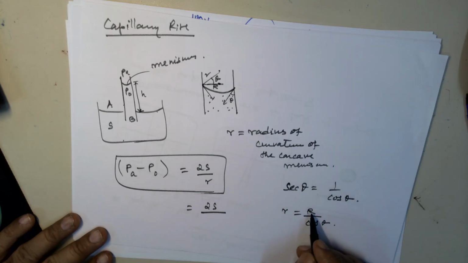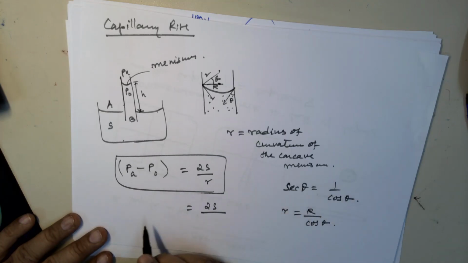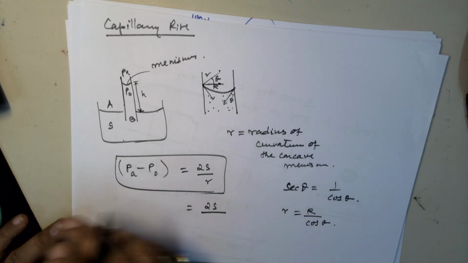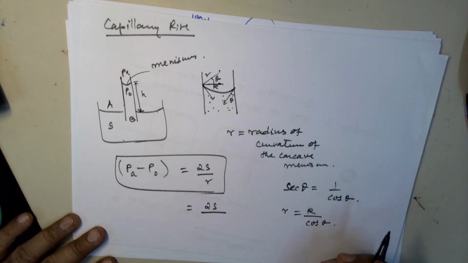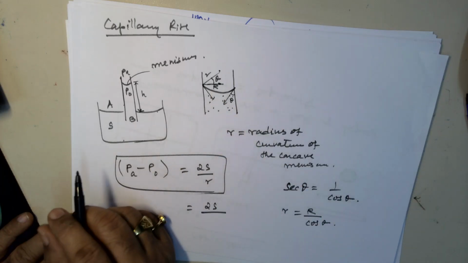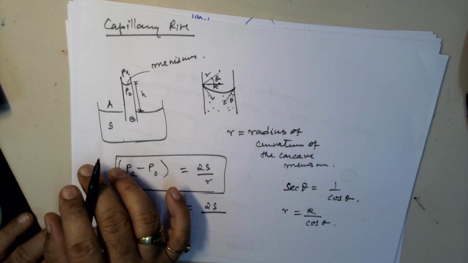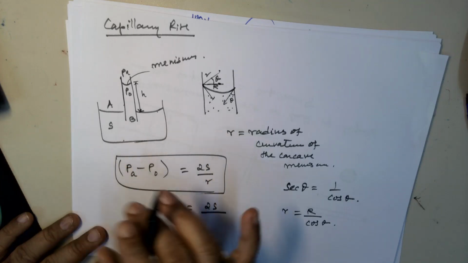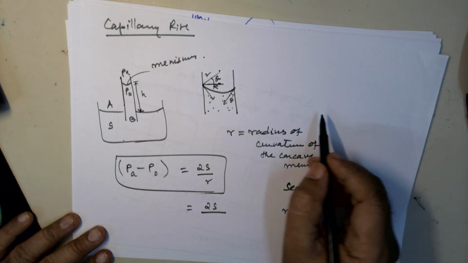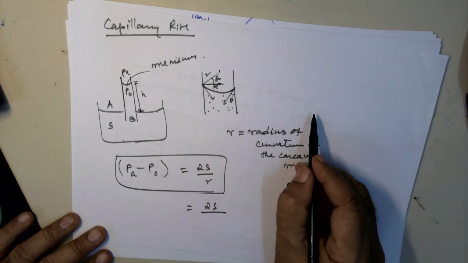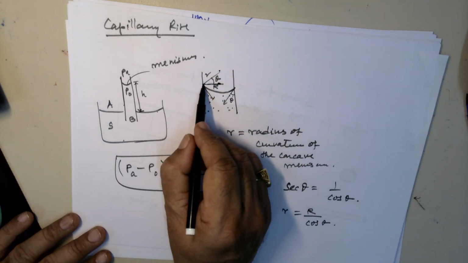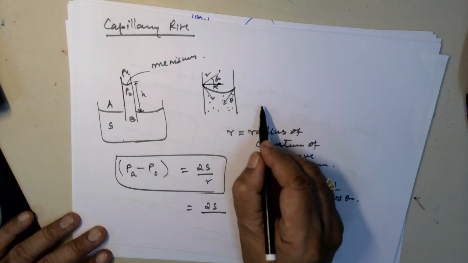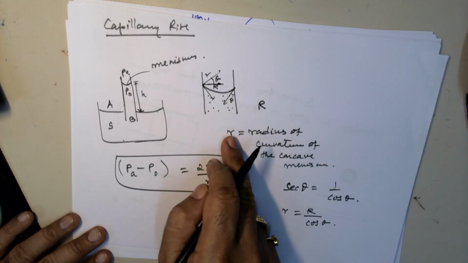So this R by cos theta, it means r is equal to R cos theta. That is, capital R is equal to r cos theta. And you've got two aspects here. What is capital R? Capital R is the radius of the capillary tube. Okay. Take down. This is the center of the capillary tube, and this is R. So you can mention that one also. This R is different.